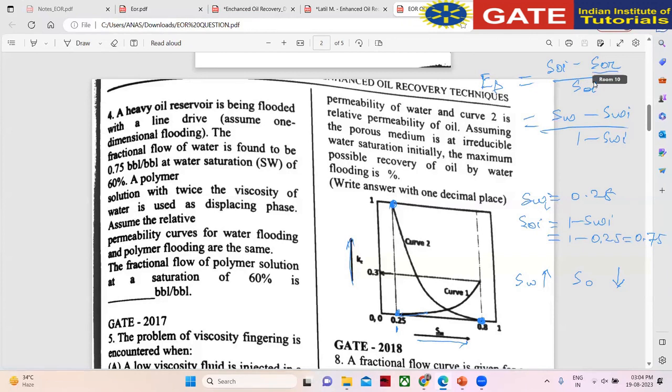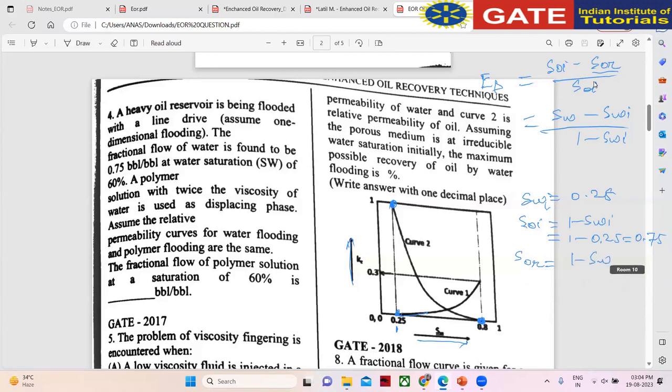Now you calculate SOR, residual oil saturation. So SOR will be equal to 1 minus SW.